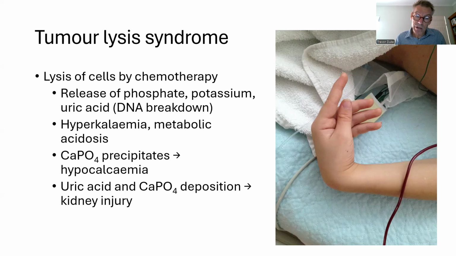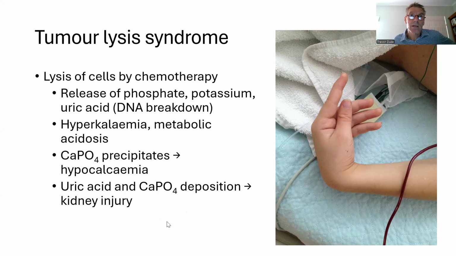Combined with calcium phosphate deposition in the kidneys, that can lead to an acute kidney injury and can reduce renal function. That's especially the case, for example, if a patient's exposed to other nephrotoxic agents. So we always need to be careful not to expose such children to other nephrotoxic agents, and we need to be very mindful of their kidney function when starting treatment for acute leukemia or acute lymphoma, especially where there's a lot of mass disease.